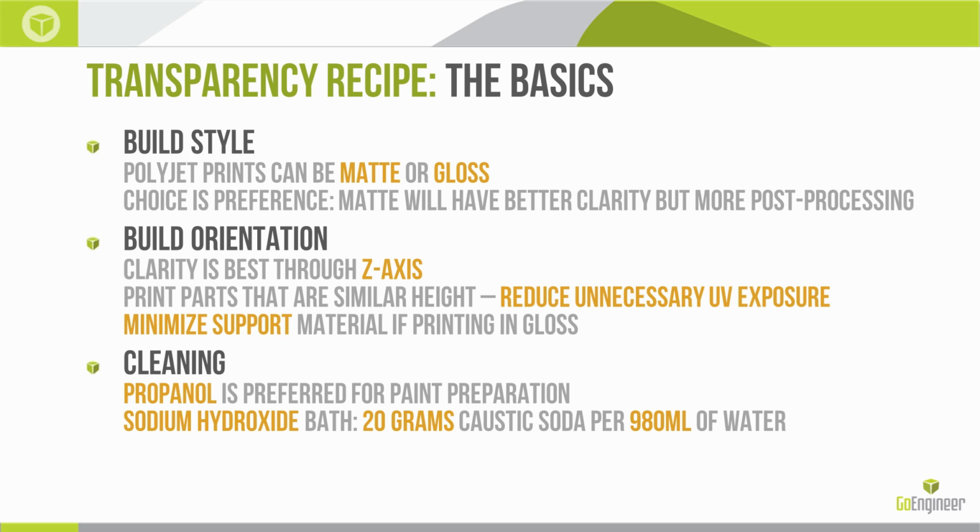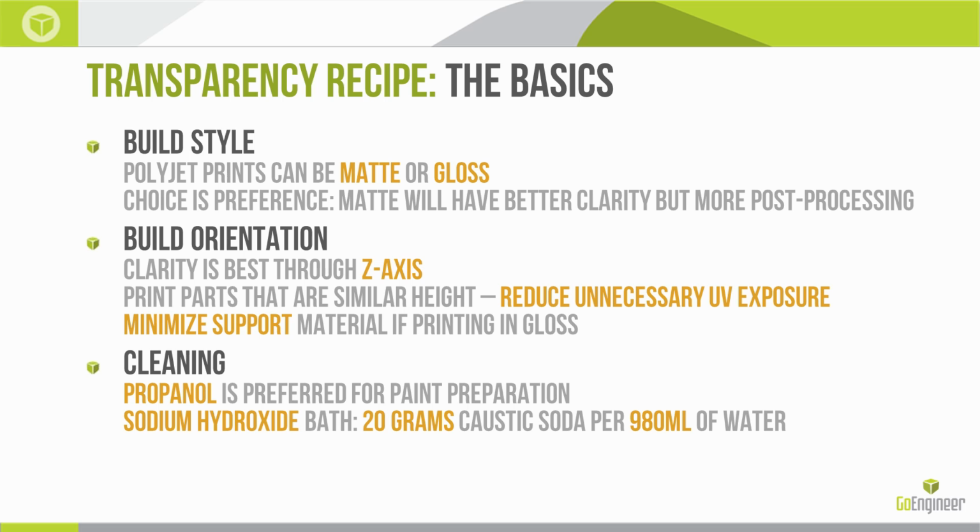Matte will actually coat the entire part with support material. So if it's a model that is going to require support material in some areas, sometimes we'll choose matte because it will give it a nice uniform finish throughout the entire part. And you won't have areas of the part that are matte because of the support material and gloss because that's what we chose.